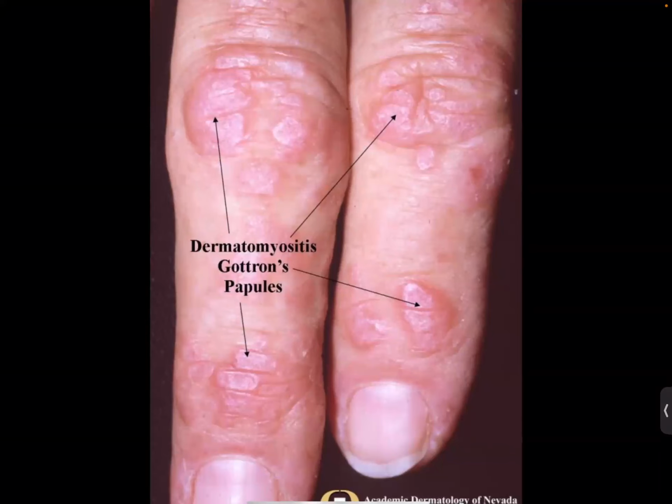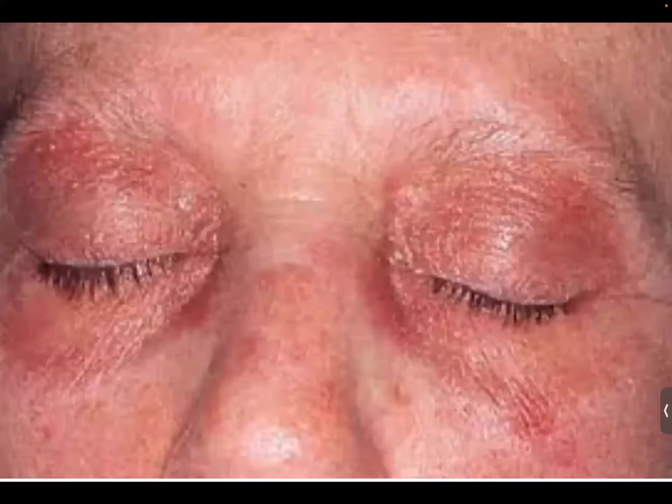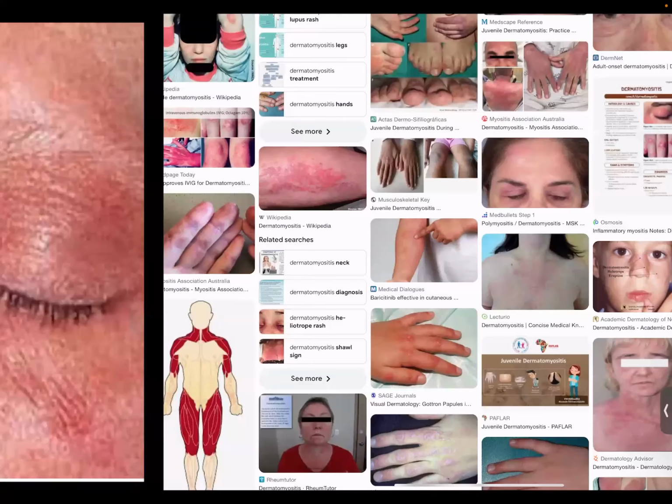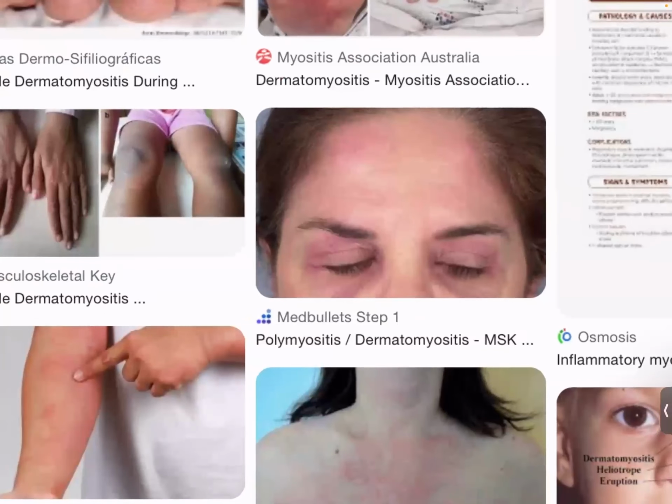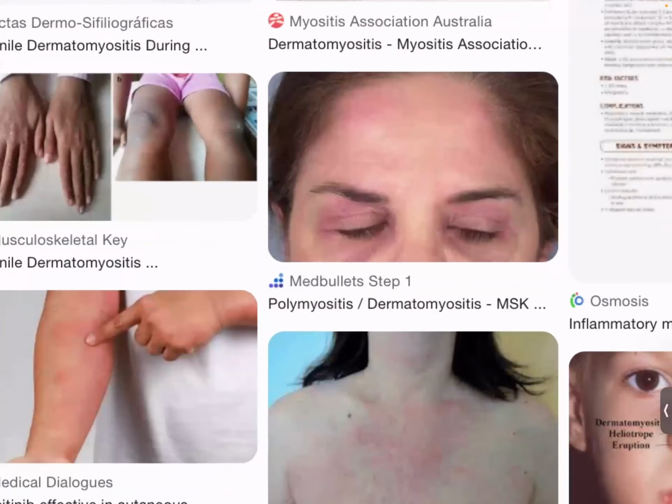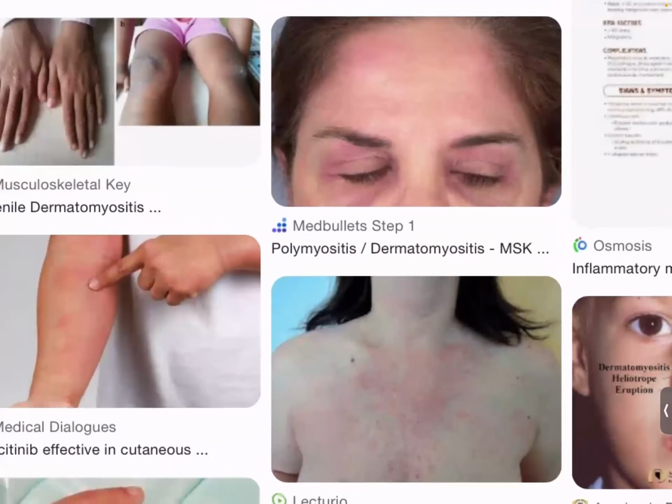Gottron papules, dermatomyositis, on the dorsum of the interphalangeal joints and the metacarpophalangeal joints. This is the heliotrope rash. You will find very characteristic color here, which is a violaceous color.